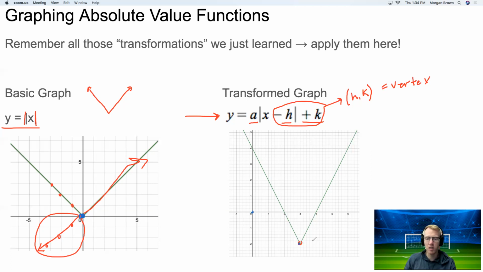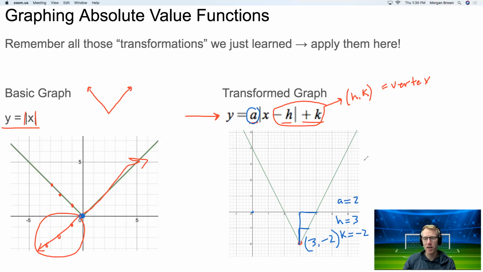So if this point here is (3, -2), that means my h is 3 and my k is -2. And then you can look at the slope. So a is going to be the slope. I went up 1/2, or even easier is up 2/1. So my slope, which is my a value, is going to be a 2.